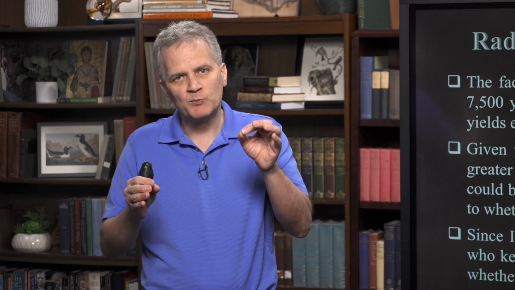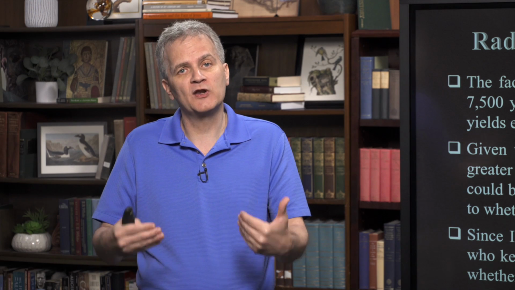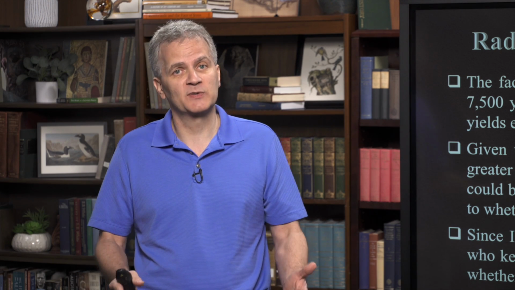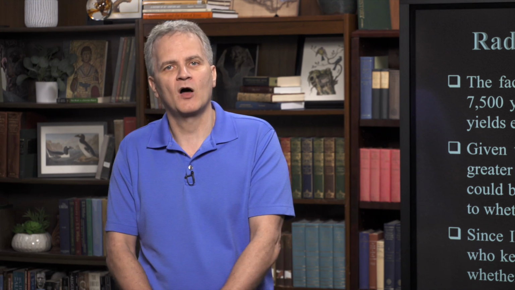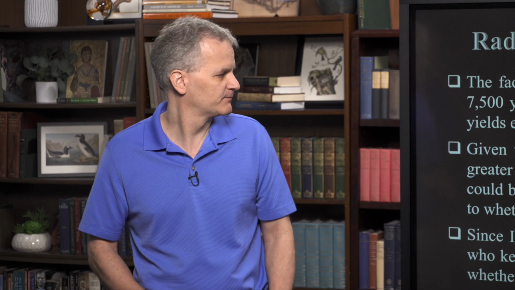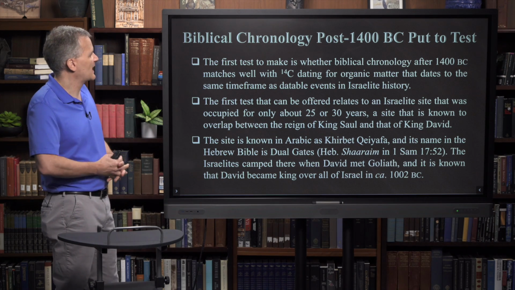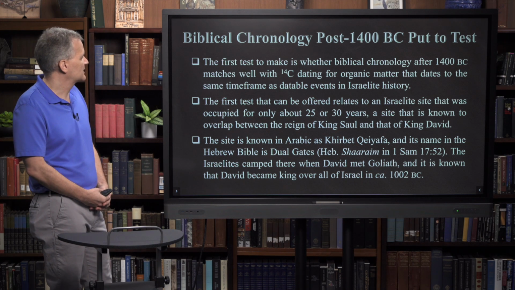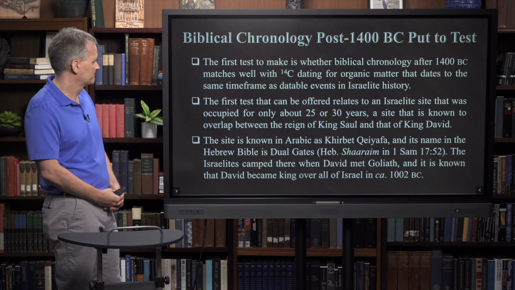We can put points on the absolute timeline, thanks especially to what we know from Neo-Assyrian chronology, because it's also very specific and it mentions events that we can peg on the absolute dating timeline. The first test to make is whether biblical chronology after 1400 BC matches well with carbon dating for organic matter that dates to the same time frame as datable events in Israelite history.